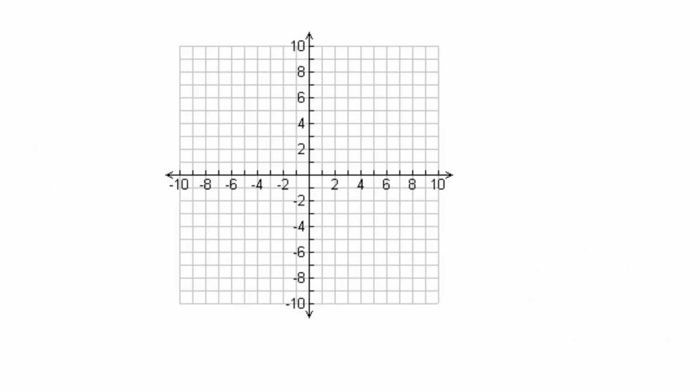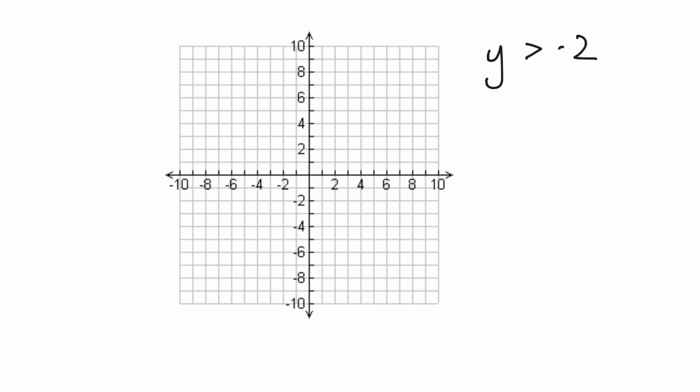Now, for some of the easier examples, such as y greater than -2, you would simply graph it just like how you would graph a line, but you want to shade the portion that's greater than that line on this graph.